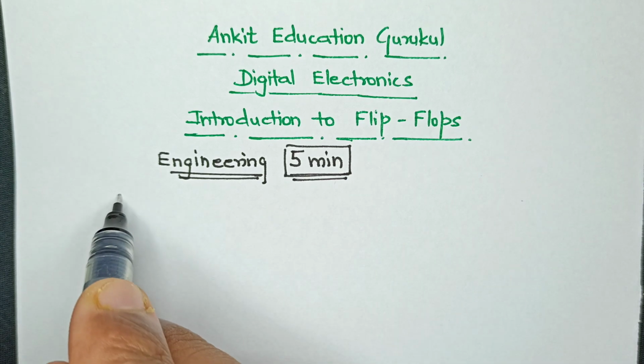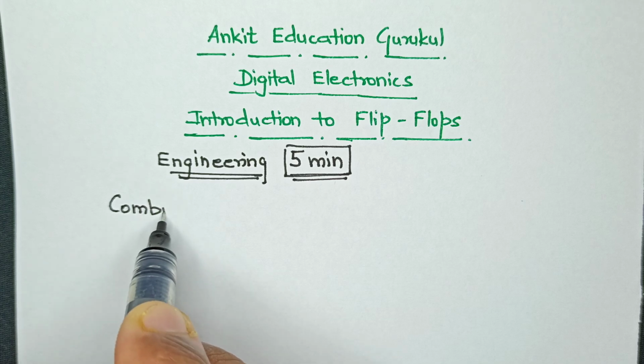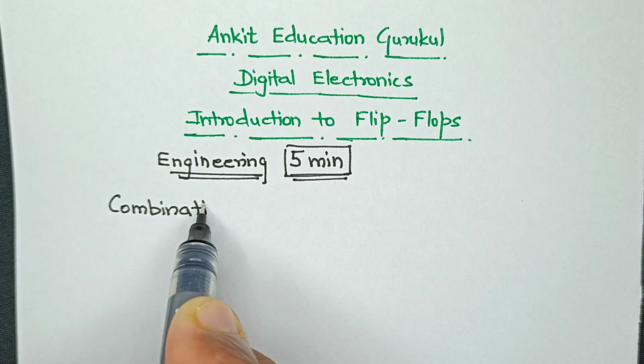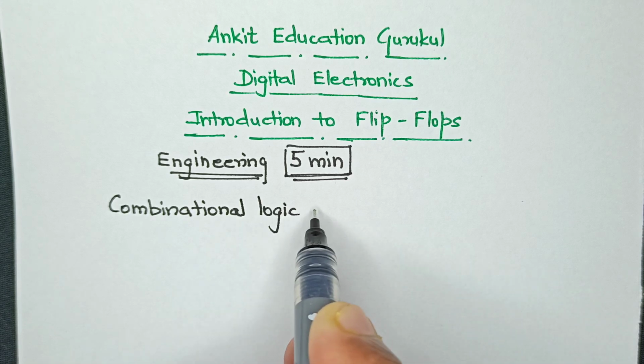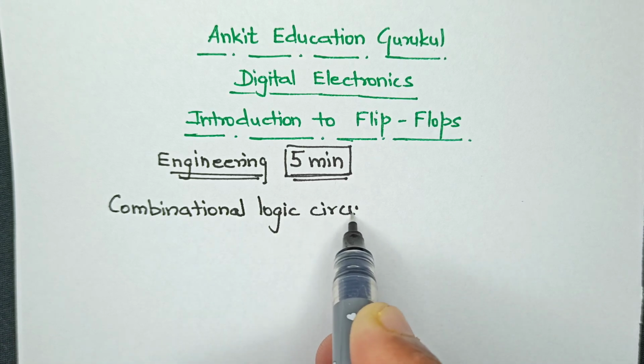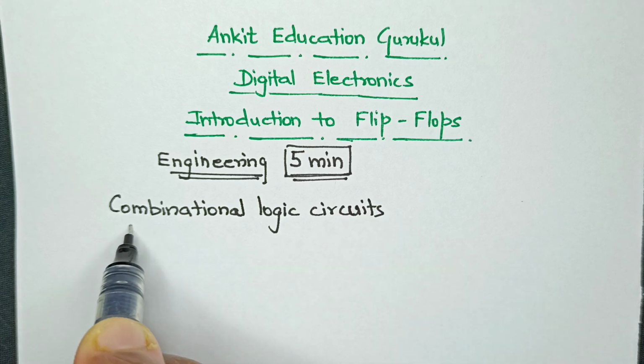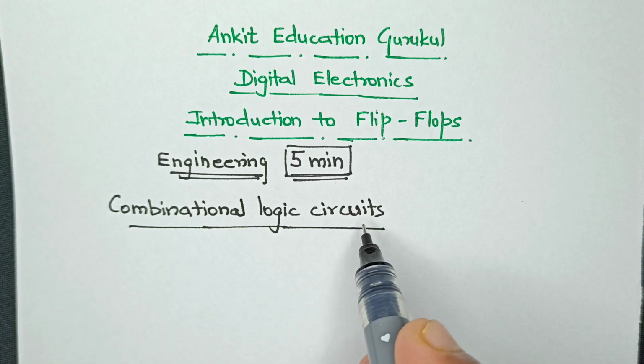The first thing that we need to understand is the circuit known as a combinational logic circuit. You might have seen many combinational logic circuits in your curriculum.